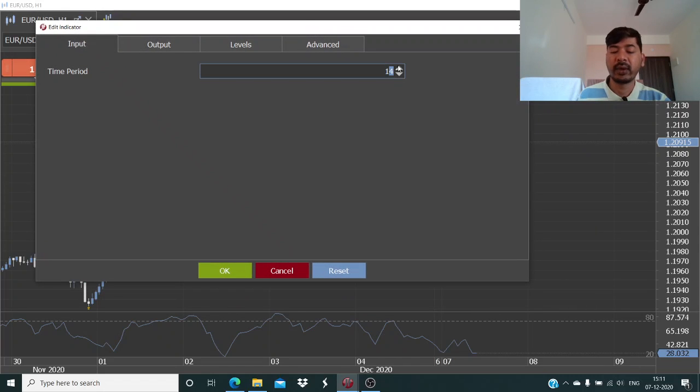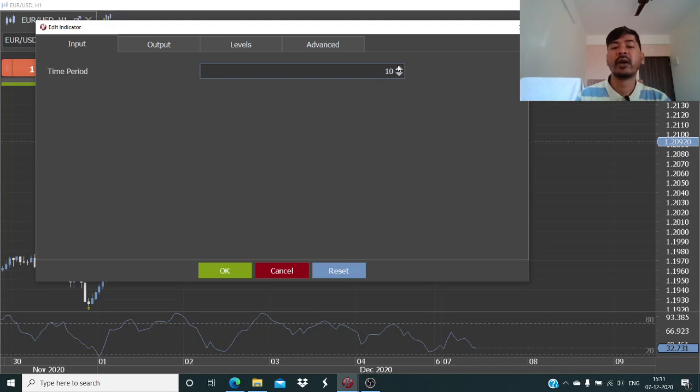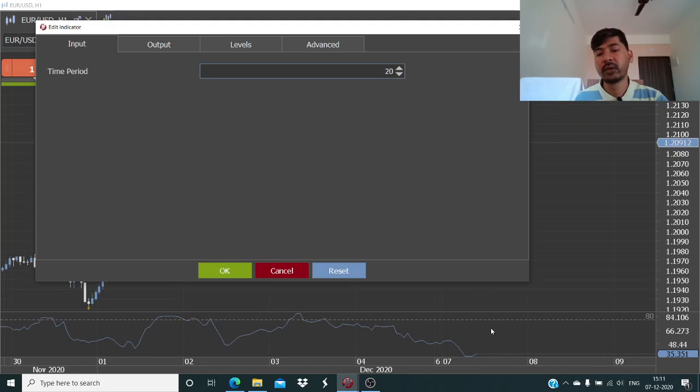For example, if I make it 10, please pay attention to the plotting at the bottom of the chart, and the plotting changes depending on the time period. So here now this is a lot different. If we make it 30, it will be again a lot different.